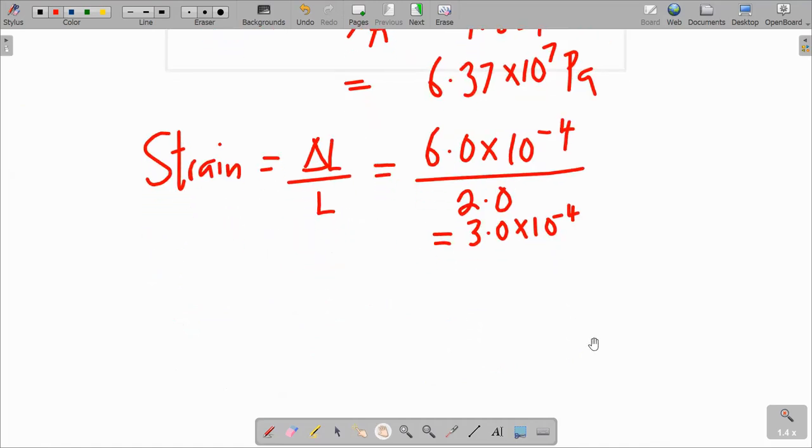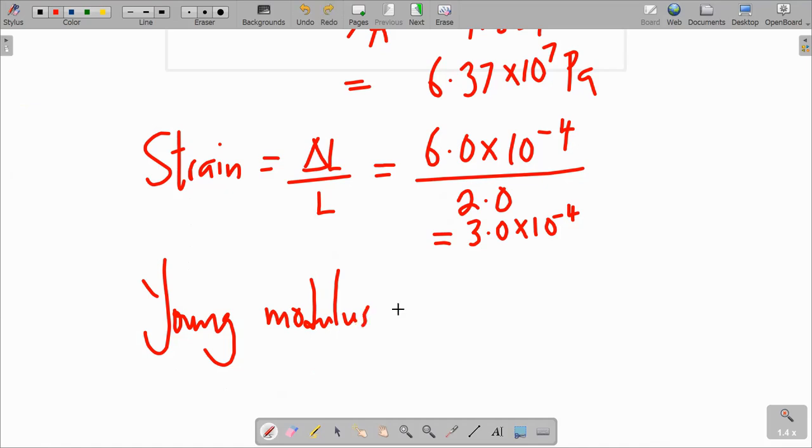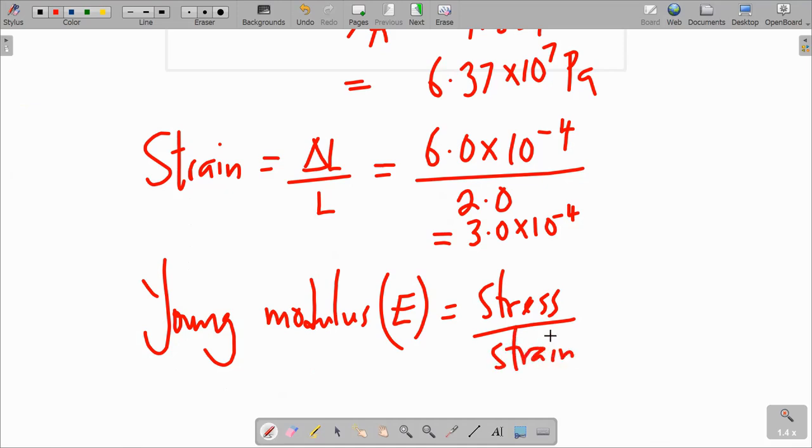Now we solve for the Young modulus. The Young modulus, which has a symbol E, is equal to the stress divided by the strain. Now we solved our stress before to be 6.37 times 10 to the power of 7 divided by the strain, which is 3.0 times 10 to the power of minus 4.